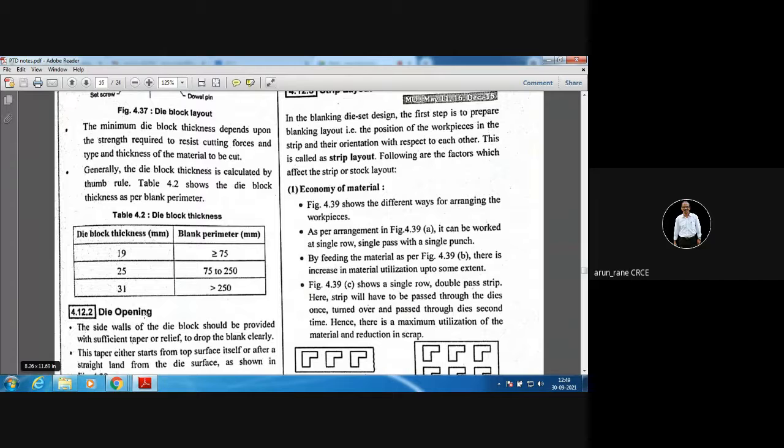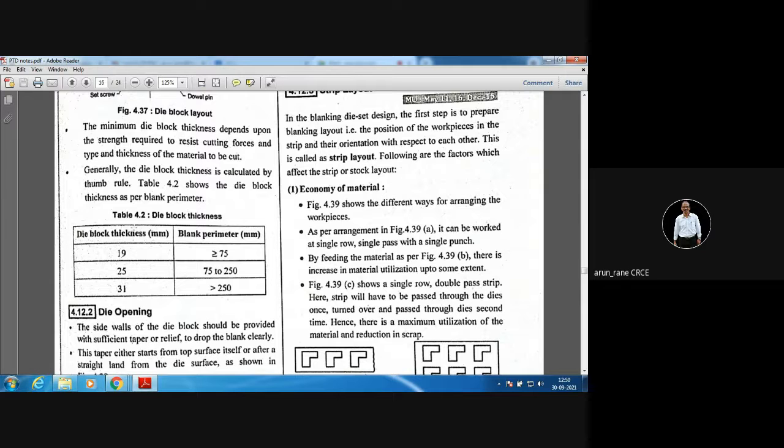If it is one station, like your compound die that is having blanking and piercing together, and suppose the component size is say 50 by 50, then the length and width of the die block will be around 150 by 150. How did you get 150 by 150? You are adding 50 mm on all the sides. And why is this required? This is required to accommodate your guide pillar and guide bushings.